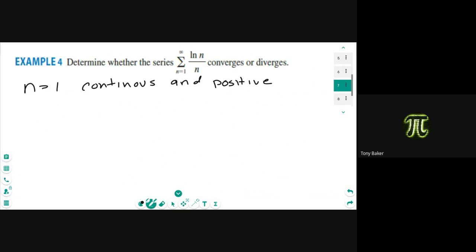This is not one that you can just look at and say, yes, it decreases, like 1 over n squared, easy, no problem. Anytime you have something on the top and the bottom, you have to start thinking about it. So how can we show a function is always decreasing? We have to take the derivative of it. So we need d/dx of ln of x over x.